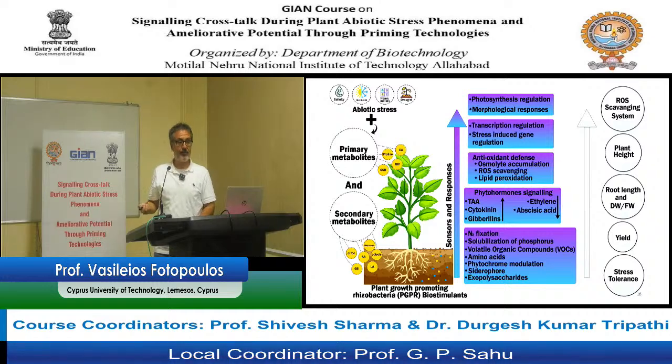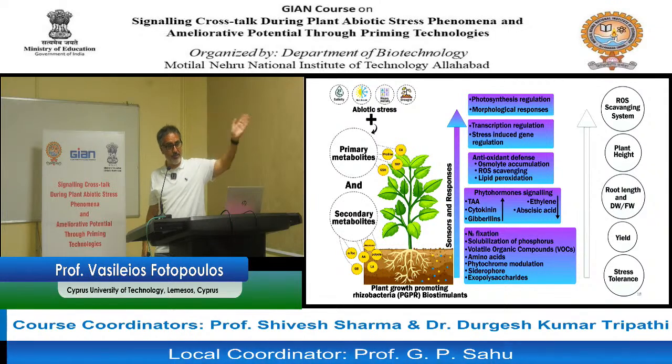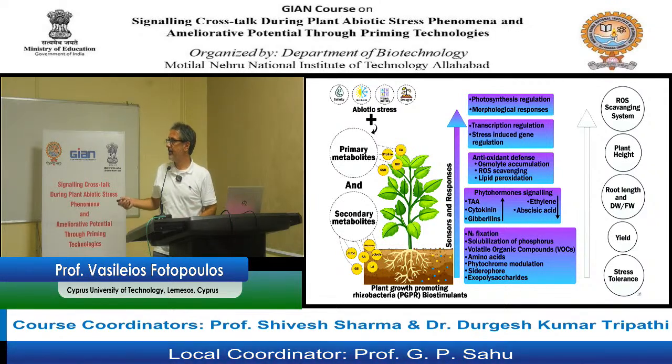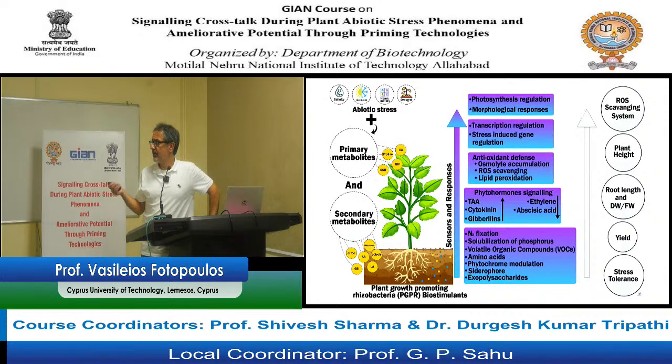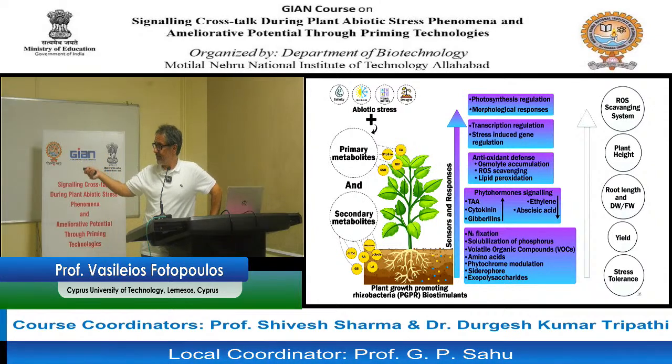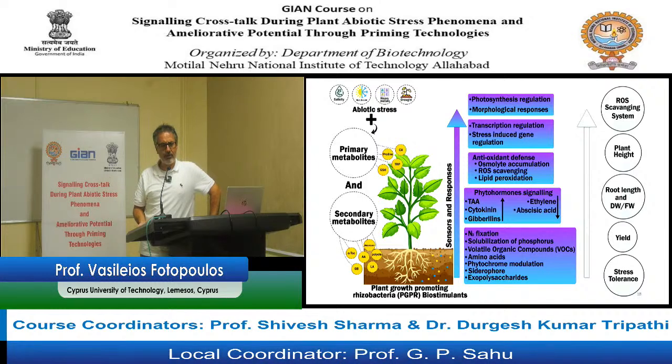Of course, we have the concept of transcription regulation, the stress-induced gene regulation, the antioxidant defense that is both enzymatic as well as non-enzymatic, the osmolyte accumulation, which is essential for high osmotic shock, the ROS scavenging, which is linked with the antioxidant defense, and the drops in lipid peroxidation. Of course, one should not forget the importance of phytohormonal signaling.